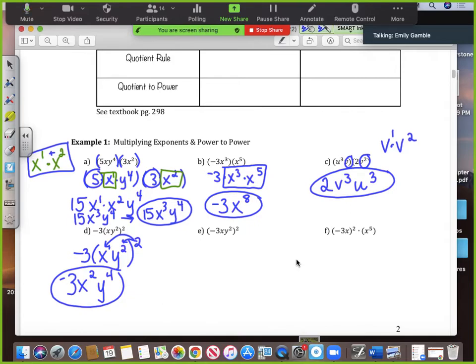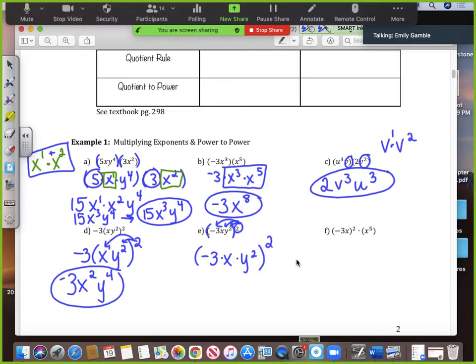When you have parentheses, like in letter A, and you have an exponent on the outside of those parentheses, that exponent on the outside gets distributed to literally everything on the inside, whether it's a coefficient number or a variable. The numbers on the inside here are -3 times x times y squared.